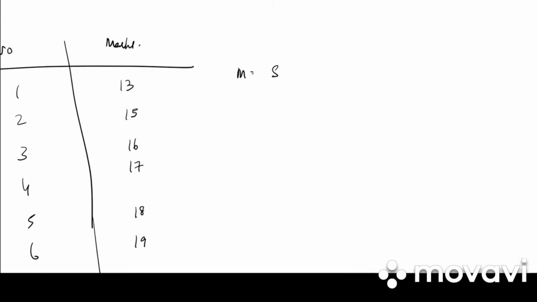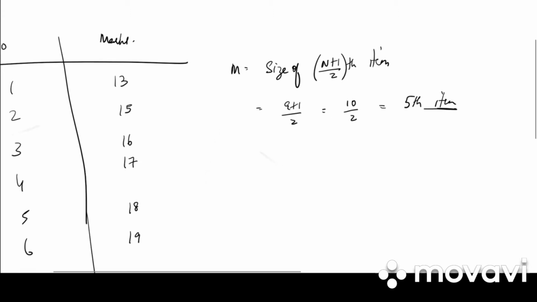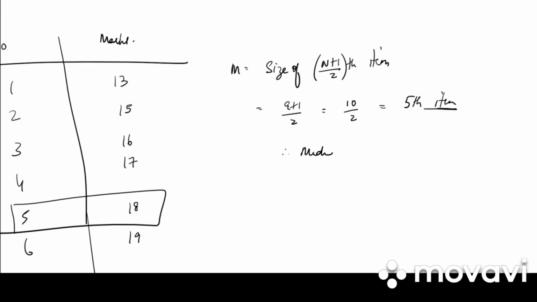M is equal to size of (n plus 1) divided by 2 item. So 9 plus 1 divided by 2, 10 divided by 2, that is fifth item. Go to the table, what is the fifth item? It is 18. Therefore, median is equal to 18.